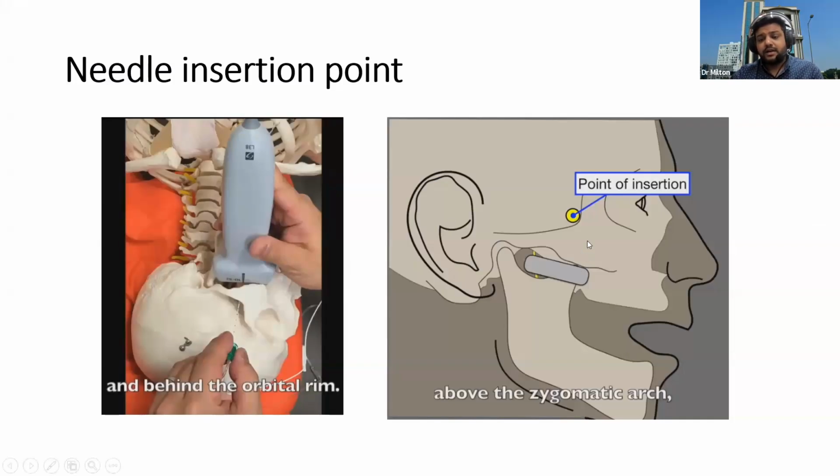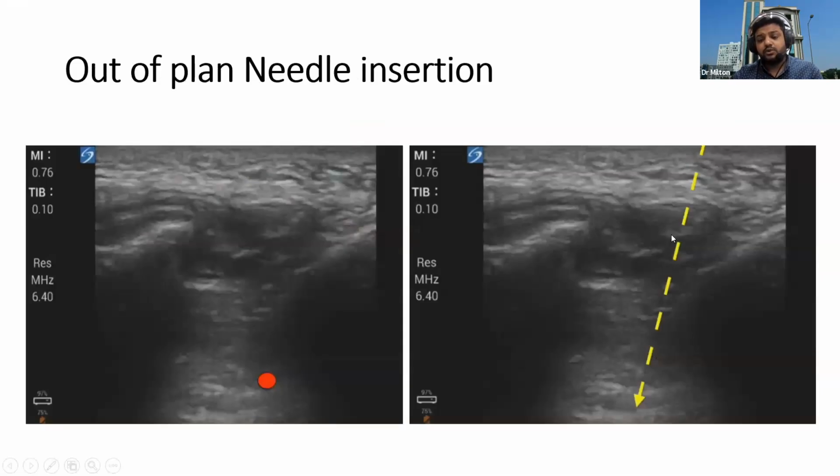We can insert our needle from here, or you can give it from the superior part of this arch. Here we can see this is the out of plane injection. In case of out of plane, when you insert your needle, you should try to see your needle tip.